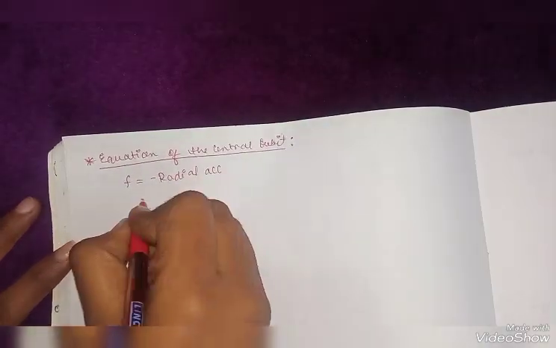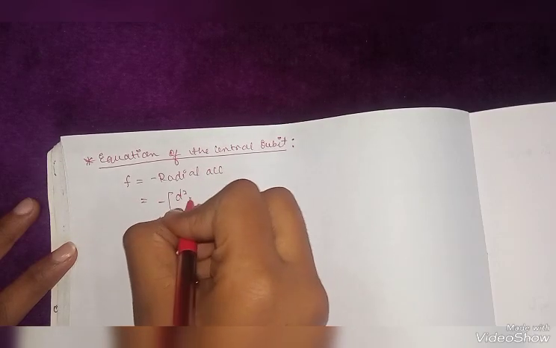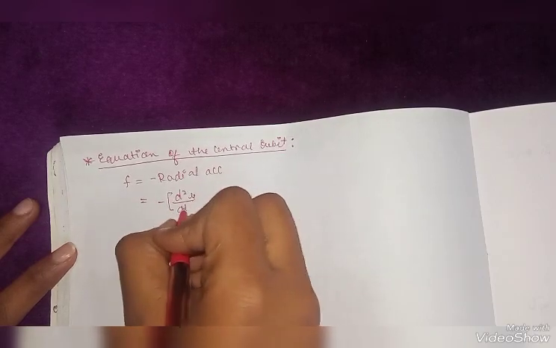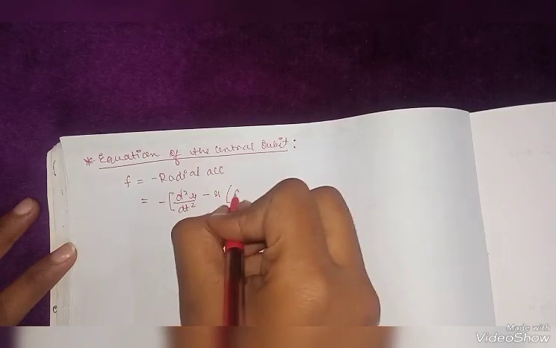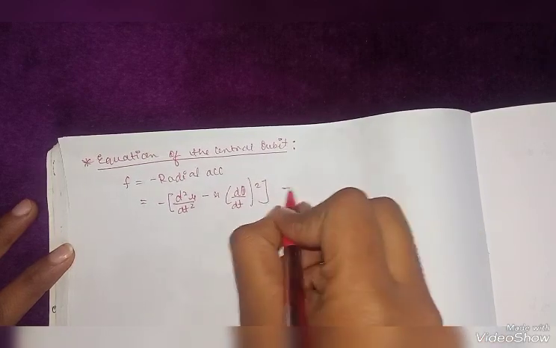We know the formula for the radial acceleration, which is d square r by dt square minus r (d theta by dt) square. Let us consider it as equation 1.